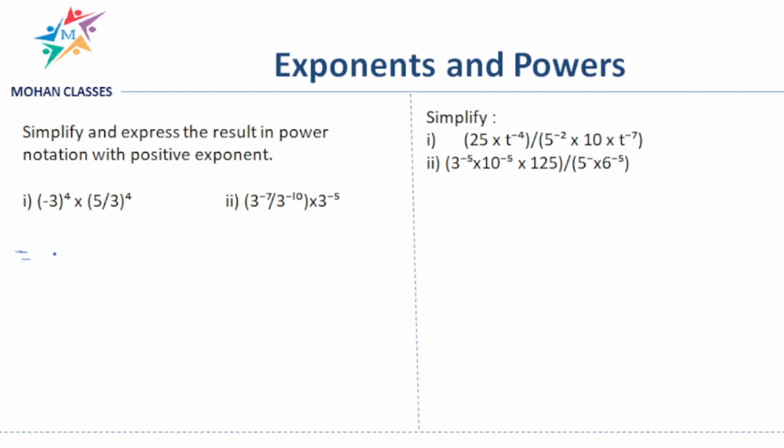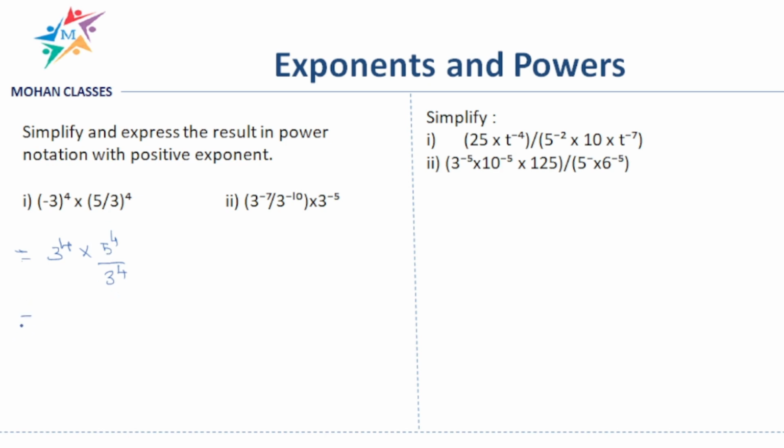So 3 to the power of 4 into 5 to the power of 4 divided by 3 to the power of 4. What I did: (a/b) to the power of n is equal to a to the power of n divided by b to the power of n.